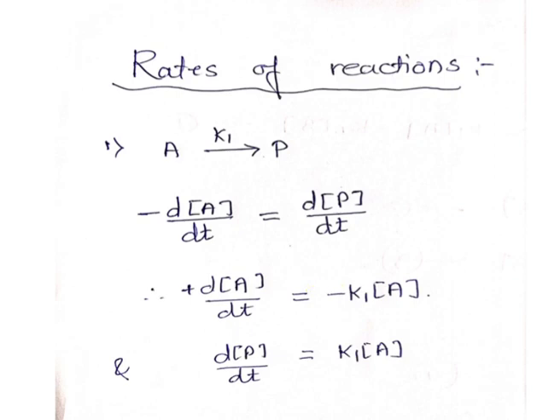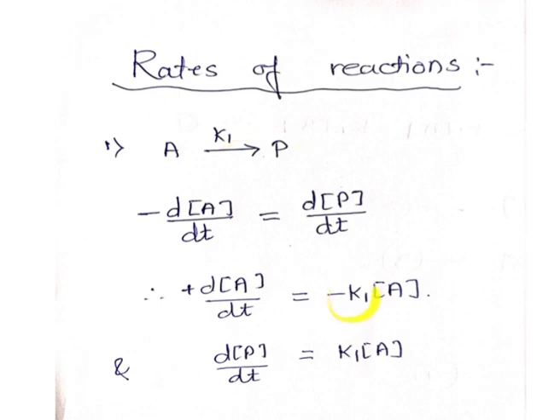You can write the equation as minus dA by dt is equal to K1 into concentration of A, or in the same way, dA by dt is equal to minus K1 into concentration of A, because this is a reactant with rate K1, and it goes on decreasing to form a product.